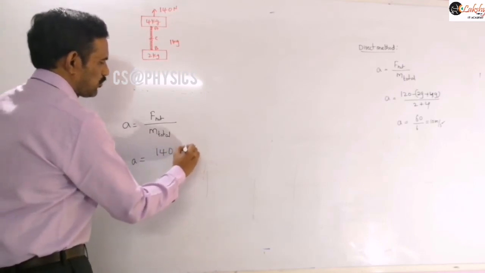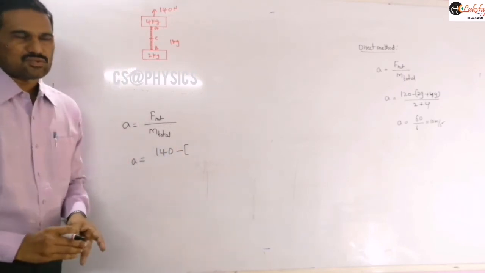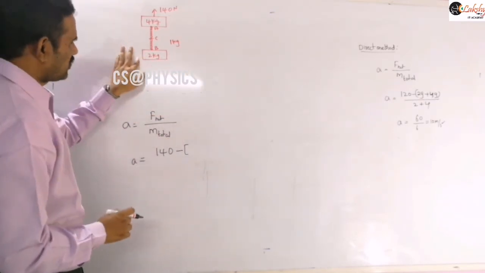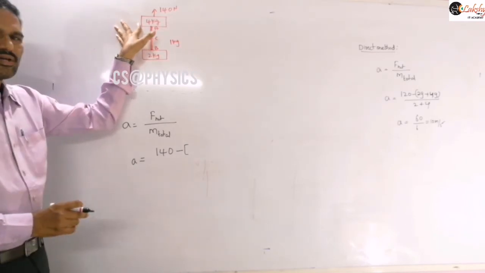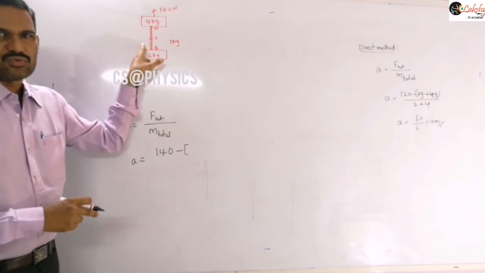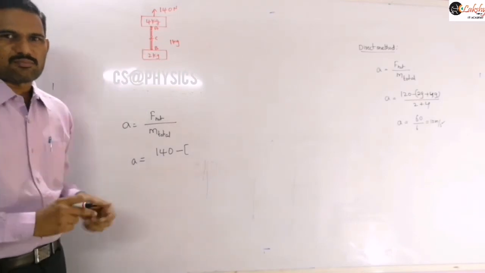Now can you say what is the opposing force? Opposing force means weight of this block plus weight of this block. In addition to those two weights, weight of this rope also we need to consider, because rope is also having mass.